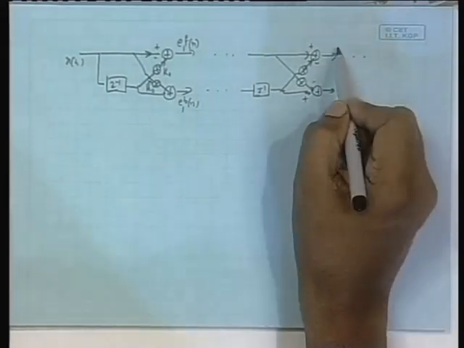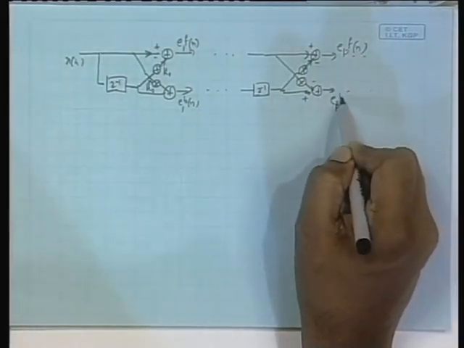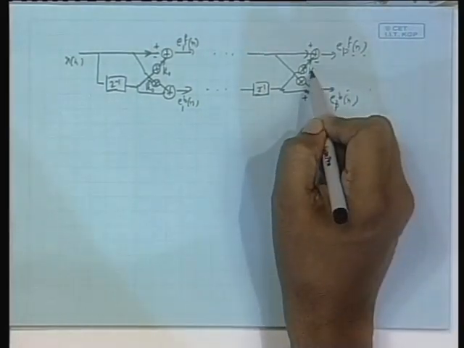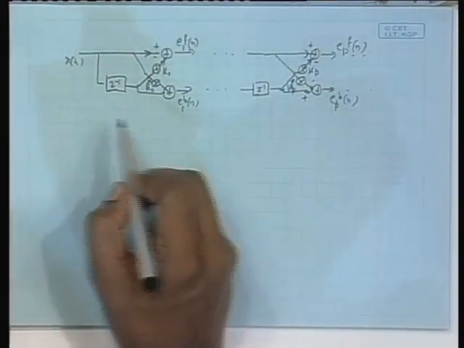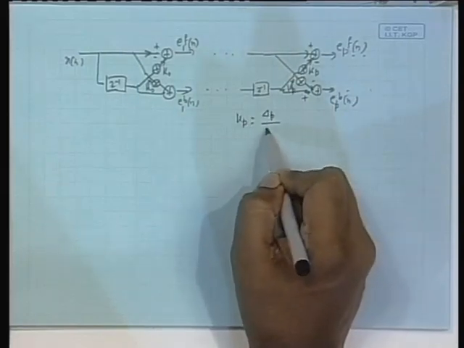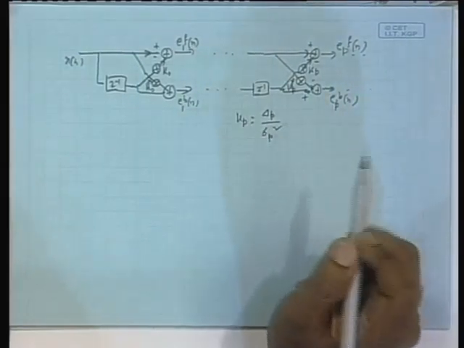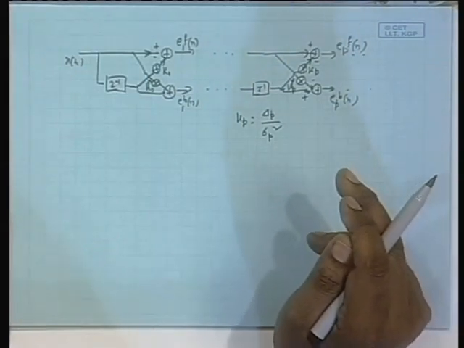dot dot dot. This is your E P F n, E P B n, K P, K P star, where K P is delta P by sigma P square, because both the forward and backward prediction errors have the same variance, as we have seen.